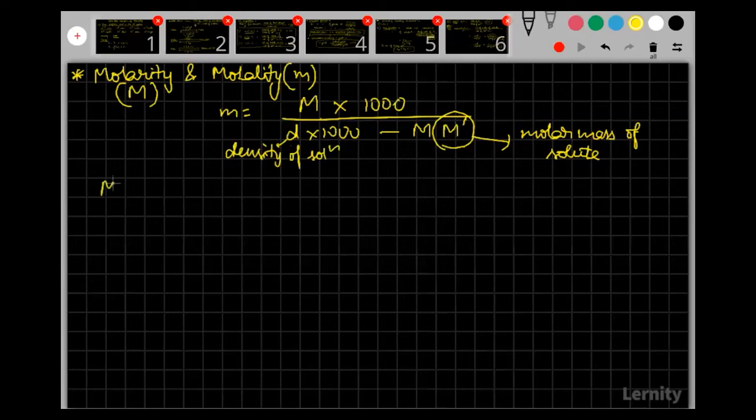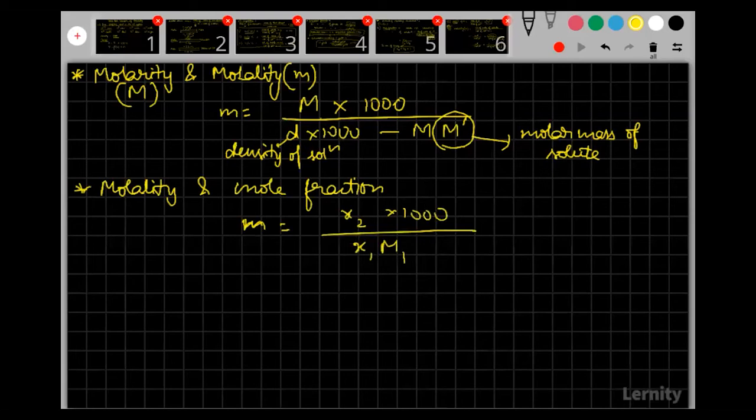Next one, what is the relation between molality and mole fraction? Small m is molality. This should be equal to x2 into 1000 divided by x1 into M1.